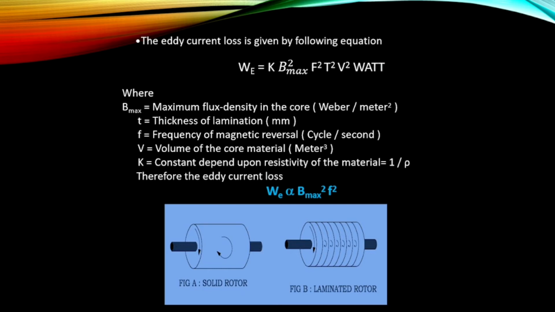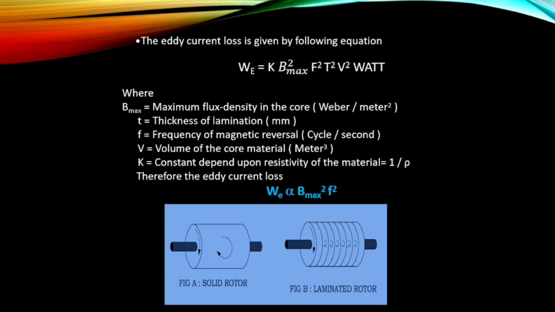F means frequency of the magnetic reversal, cycles per second. V means volume of the core material, meter cube. K is a constant, depends upon resistivity of the material, equal to 1 by rho. Therefore, the eddy current losses We is directly proportional to B max square into F square.